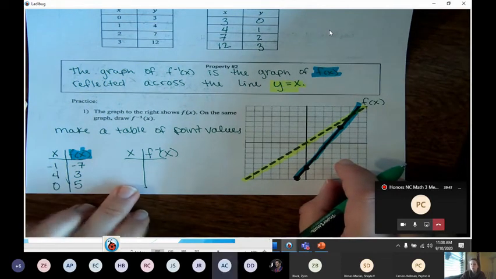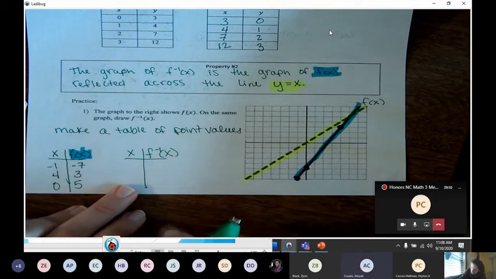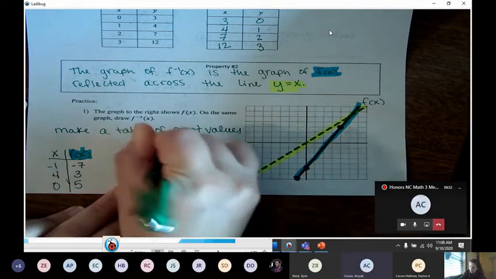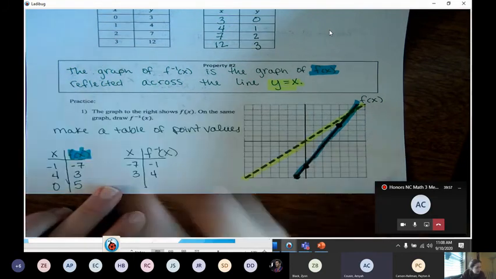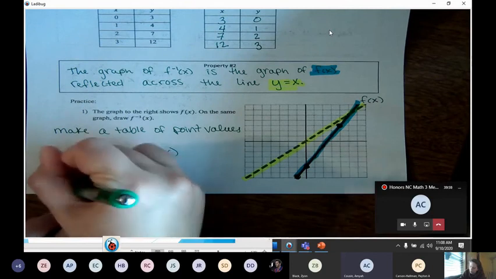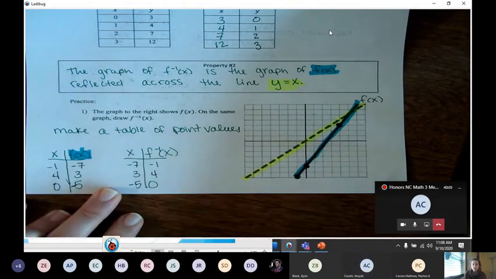If I'm flipping all the points, what should my points be? Negative 7, negative 1; 3, 4; and negative 5, 0. Actually, you were right. It should have been negative 5. I was wrong. Thank you. So we have points that are going to be on our new f inverse function.